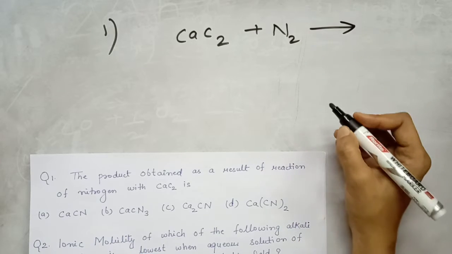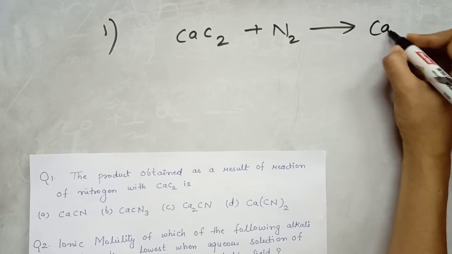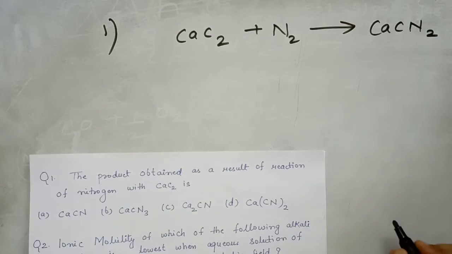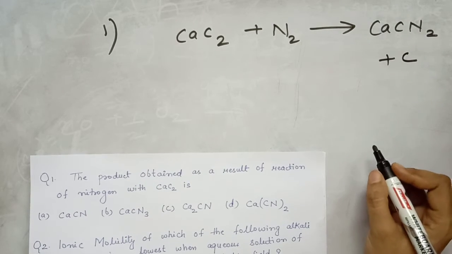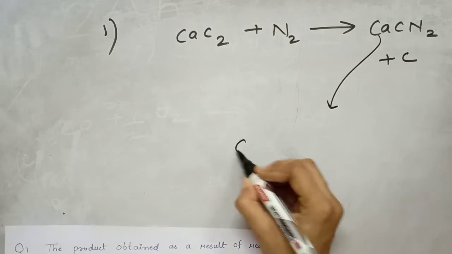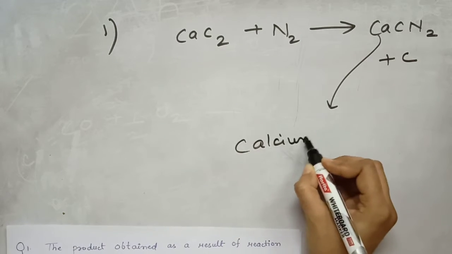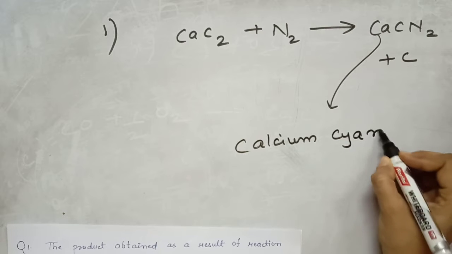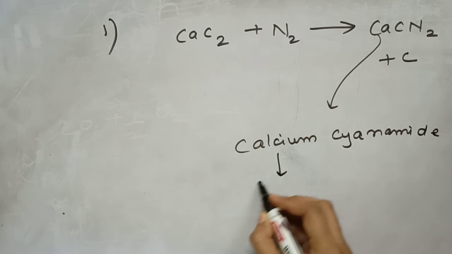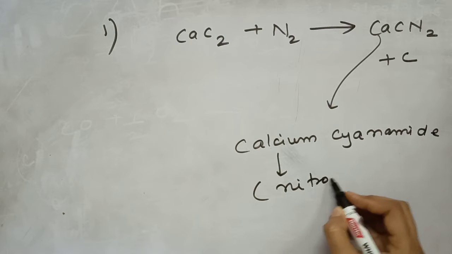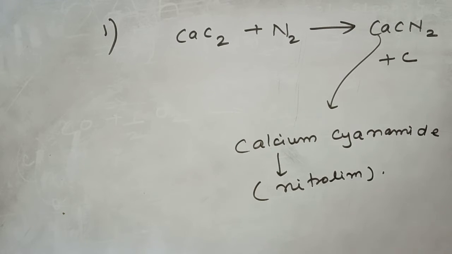This basically forms calcium cyanamide, which is CaCN2, plus carbon. So this is calcium cyanamide, also called nitrolim. Okay, so this was the first question.